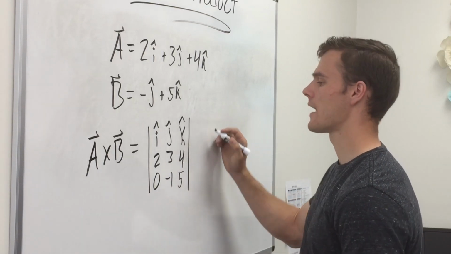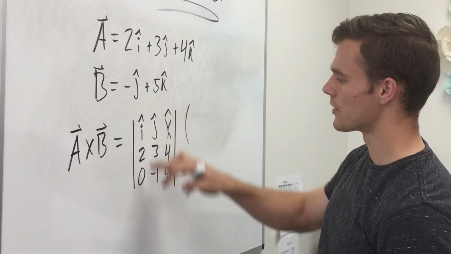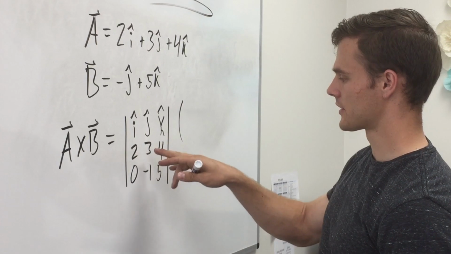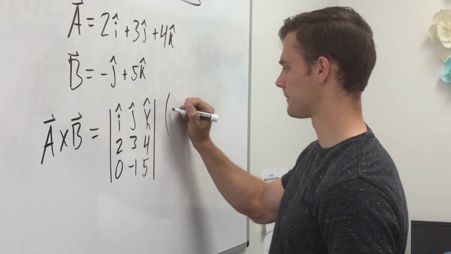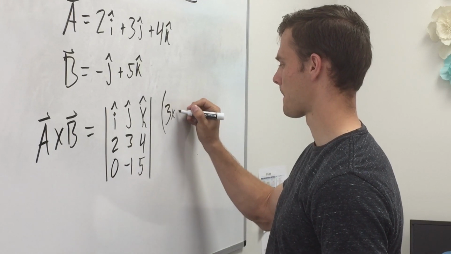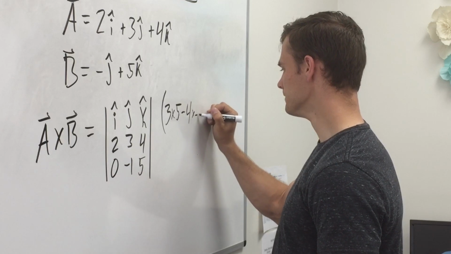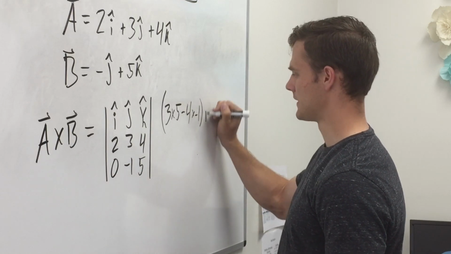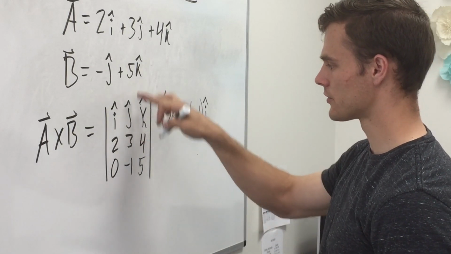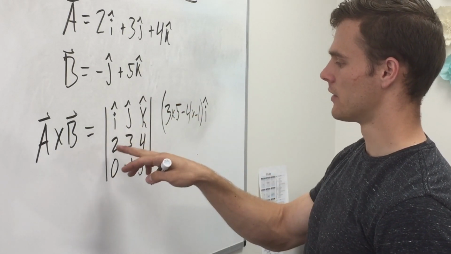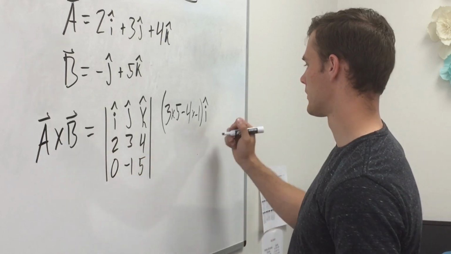And we're going to multiply that out, remember, we're going to cross out these two rows that have the I in it, and it's going to be 3 times 5 minus 4 times -1. And that's in the I direction. Now for the J direction, we're going to cross out the rows with the J in it, and we're going to do 2 times 5 minus 4 times 0.